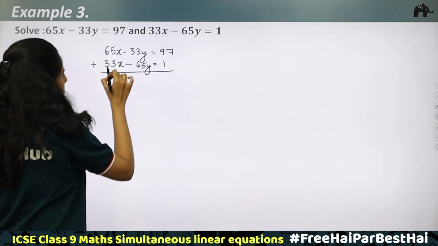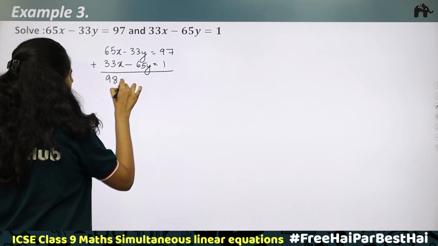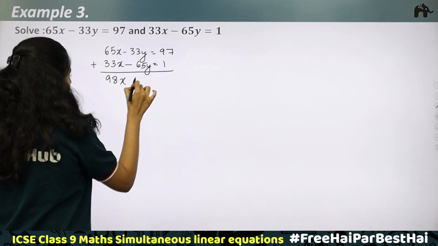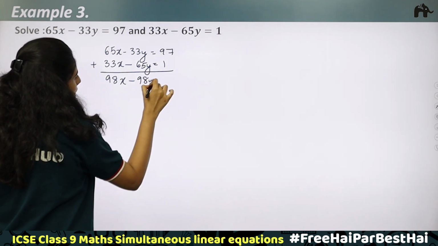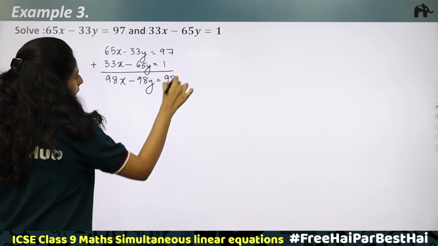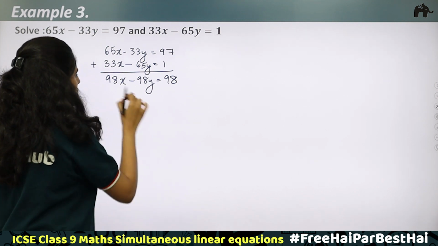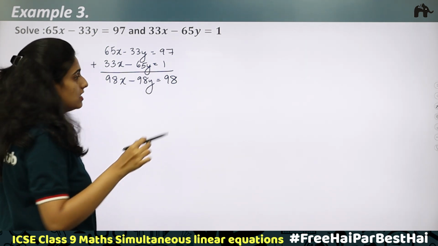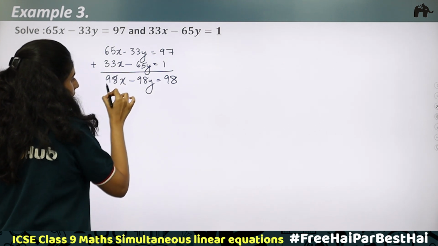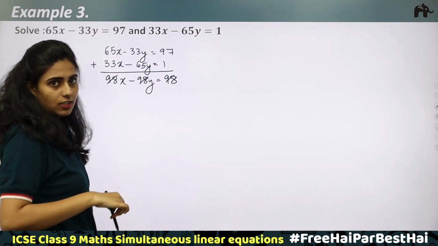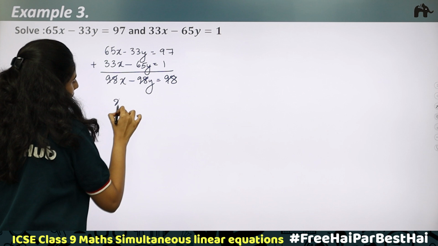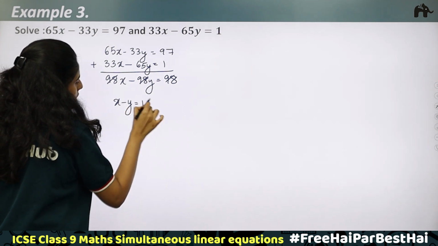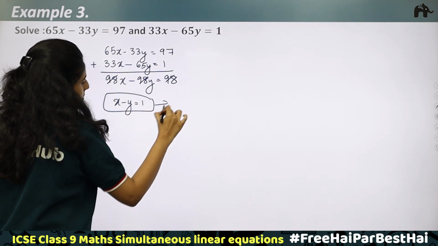You will be getting 98x minus 98y is equal to 98. So, here you can see 98x minus 98y is equal to 98. So, 98 is common, so 98 can be removed. Then we have x minus y is equal to 1. Now, take this as some equation A.